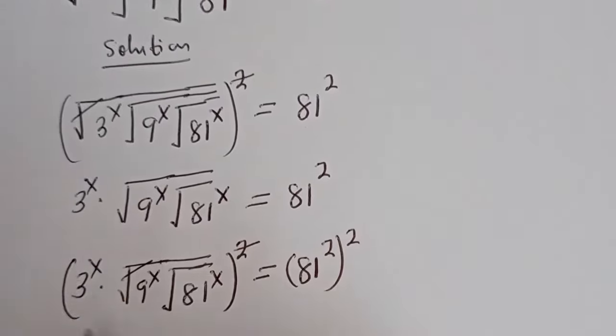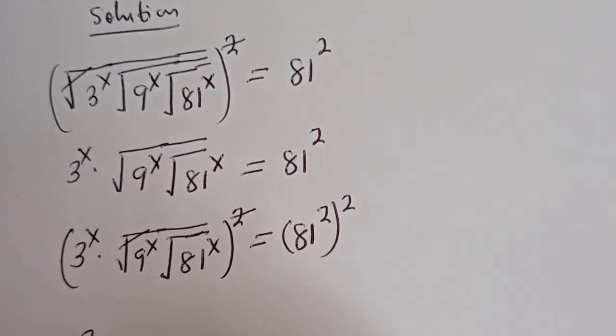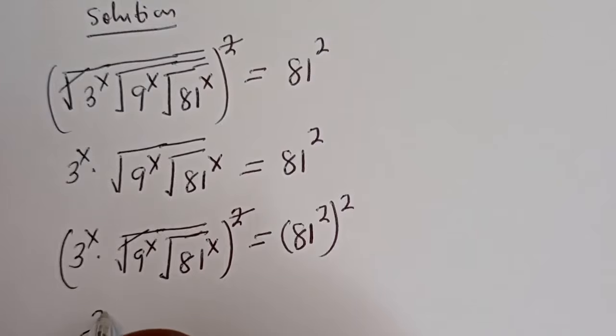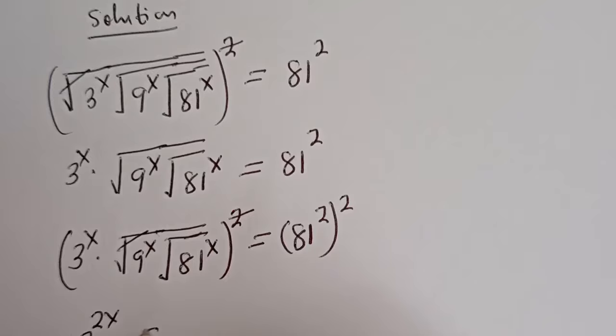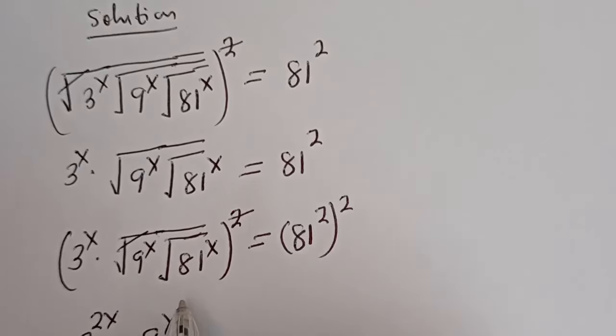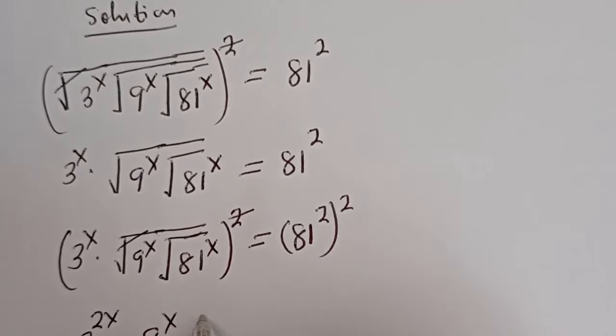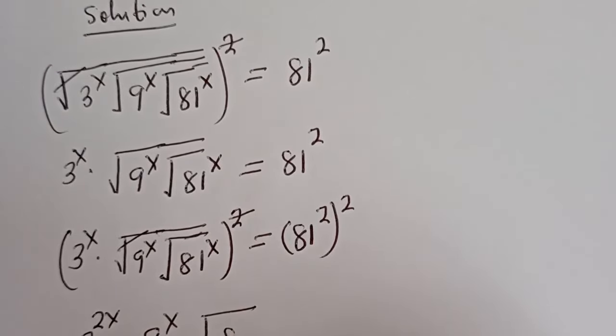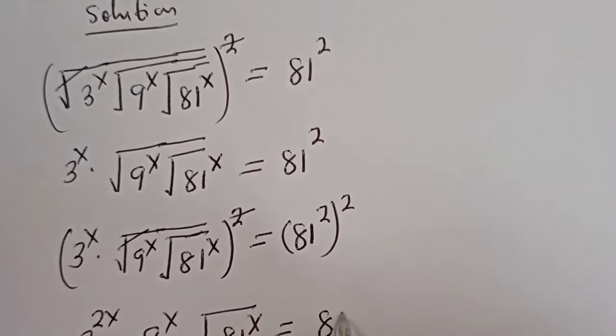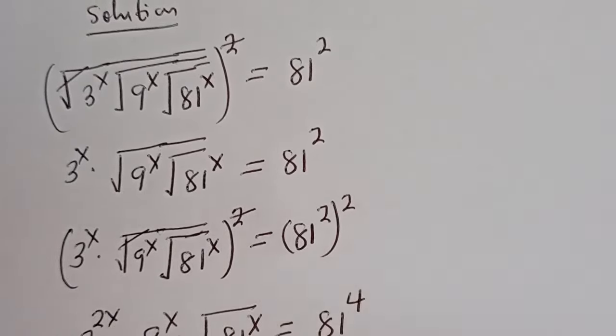This will cancel this. Here we have 3 to the power of 2x multiplied by 9 to the power of x multiplied by the square root of 81 to the power of x is equal to 81 to the power of 4.